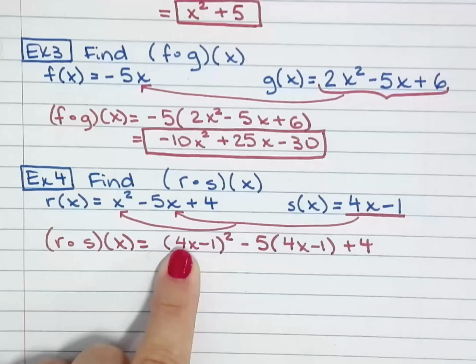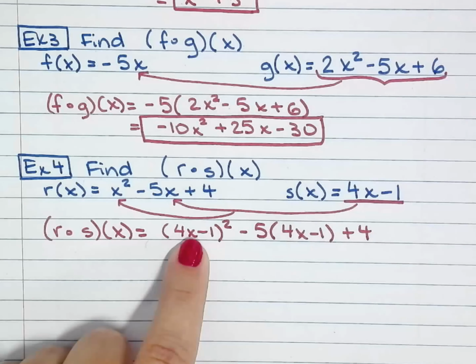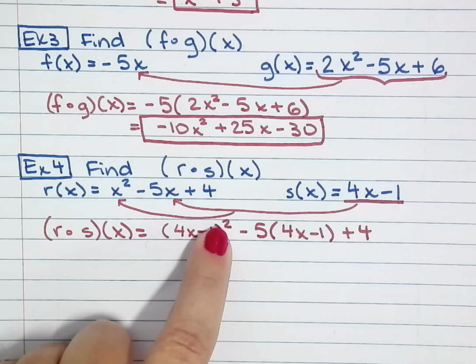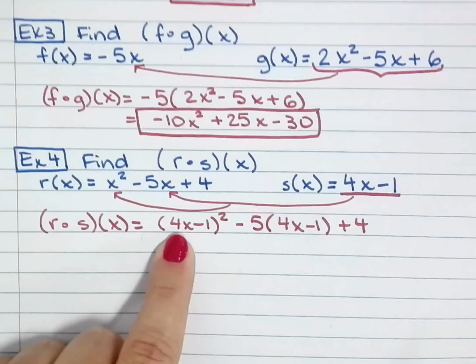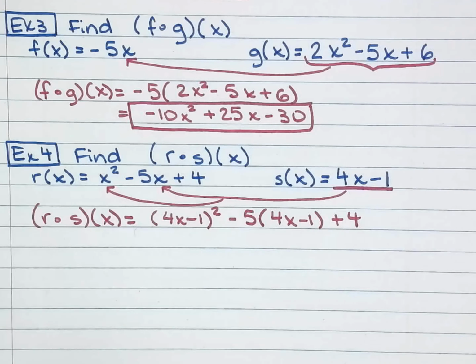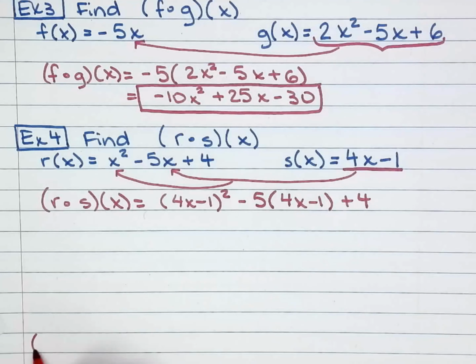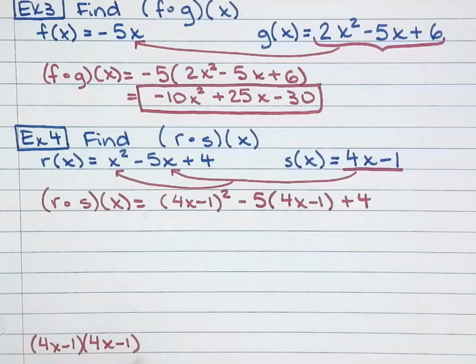Think about what the square of a number represents. It's that number multiplied by itself. But in this case, we don't have a number, we have a binomial. So what this really means, I'm going to do it right here in the bottom. What this really means is 4x minus 1 multiplied by itself.